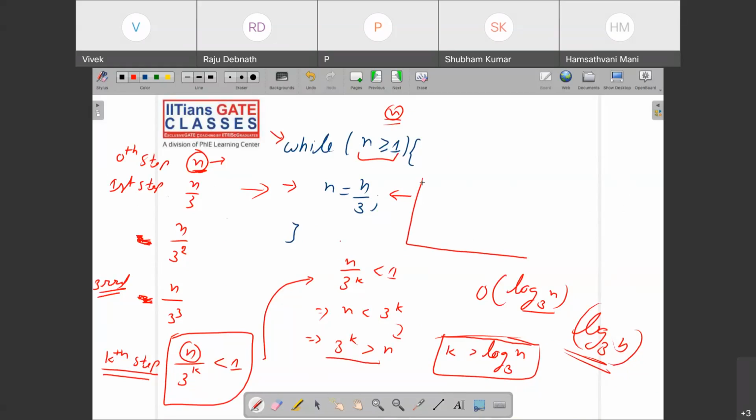In case of i equal to 2i, the graph will become like this. It's 1 here, then 2 here, then 4 here. Like this, it is exponentially increasing in the graph, right? So very quickly it reached the value of n.